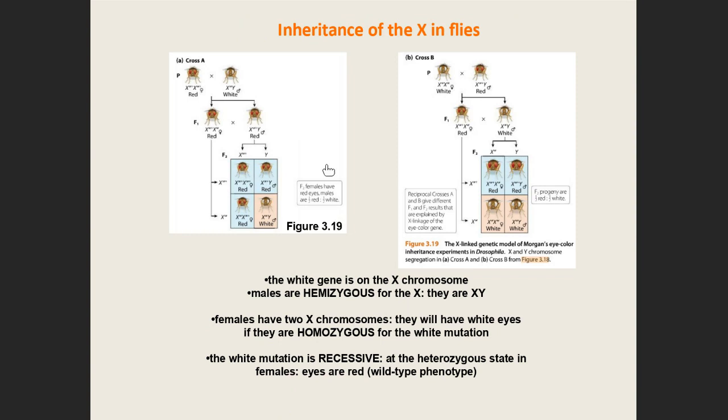So you see that in cross A, you have to use females that are heterozygous, and this cross in the F2 only works if the females are heterozygous, and yet they have a wild type phenotype.